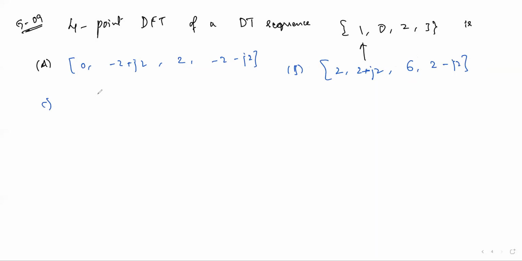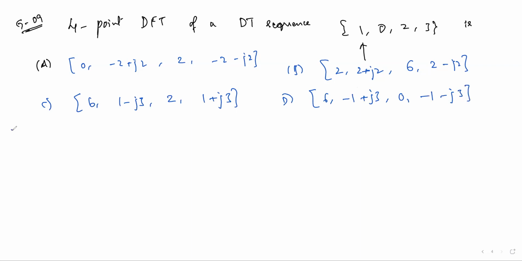Option C: 6, 1 minus j3, 2, 1 plus j3. Option D: 6, minus 1 plus j3, 0, minus 1 minus j3.